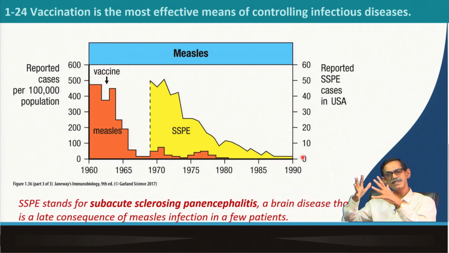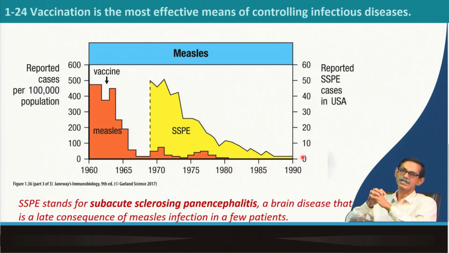But staying in the same environment, in the same ocean of so many pathogenic microorganisms, most of us do not have any disease most of the time. It is really a wonder, and the total credit should go to the immune system.